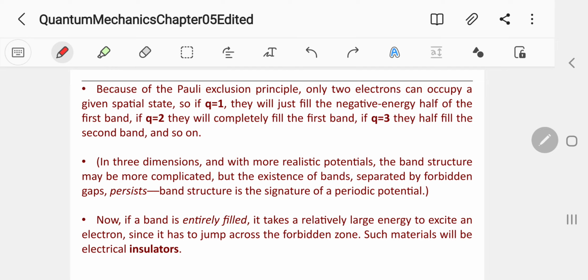Now, if a band is entirely filled, it takes a relatively large energy to excite an electron. It has to jump across the forbidden zone, which is the gap, and if it needs a lot of energy, then such materials will be insulators, because it needs more energy to jump from one energy band to a higher band.